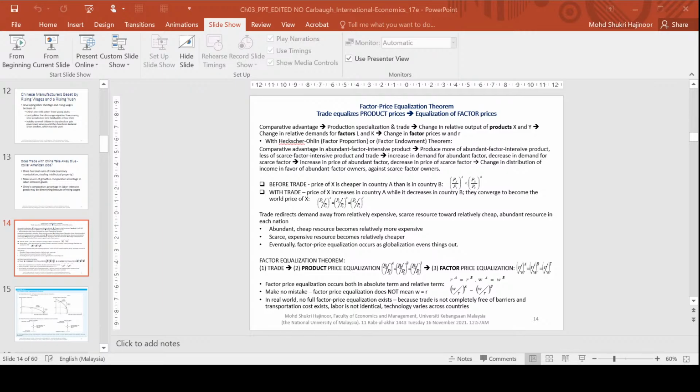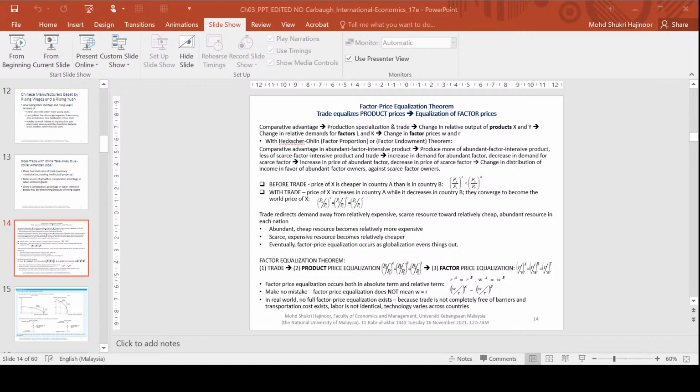Cheaper price of X, cheaper in country A. With trade, the price of X increases in country A while it decreases in country B. That's good, because X is what country A exports, and the decrease is good in country B, because X is what B imports. That's the beauty of trade. Your export product will increase in price, your imported products will decrease in price. That's good. That's the beauty of international trade.